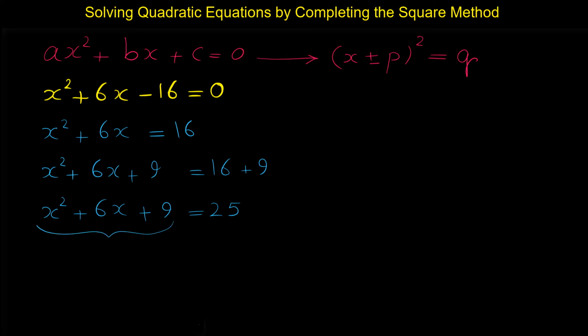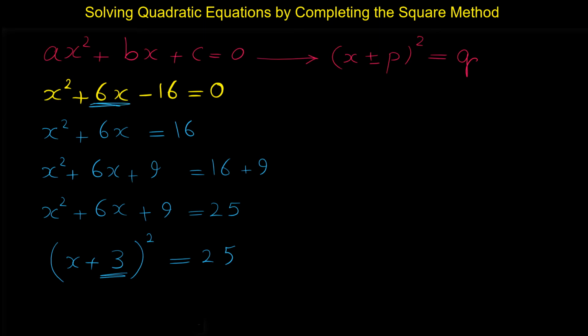Now we can write this trinomial in the form of a complete square. We can write x squared plus 6x plus 9 as x plus 3 all squared equals 25. But where does this 3 come from?